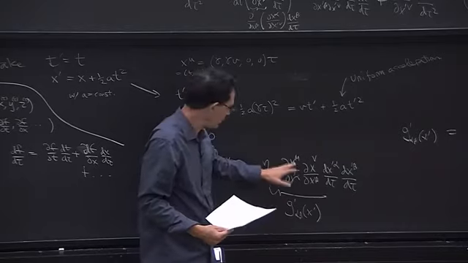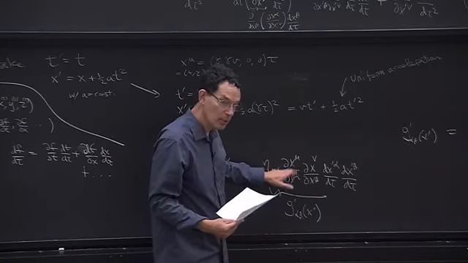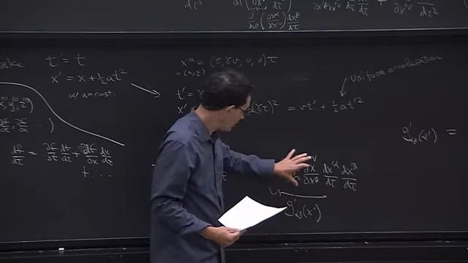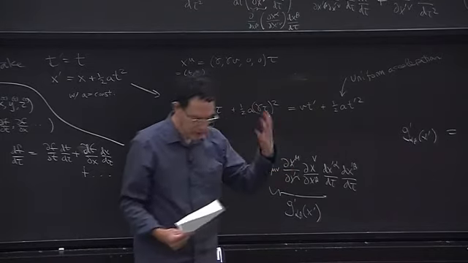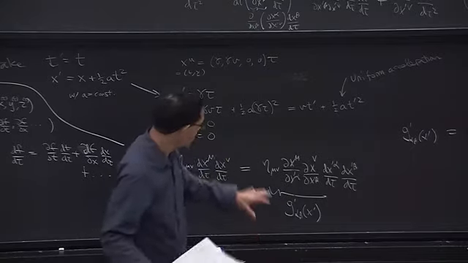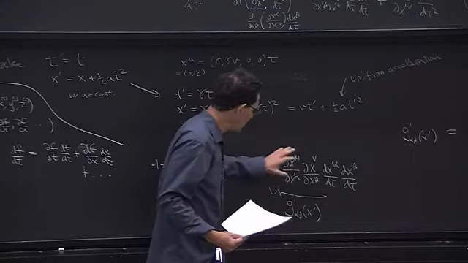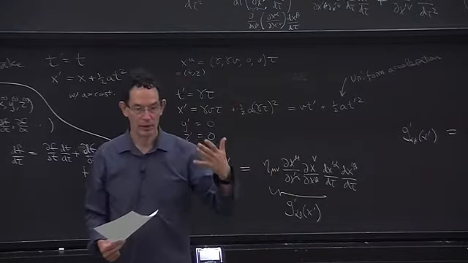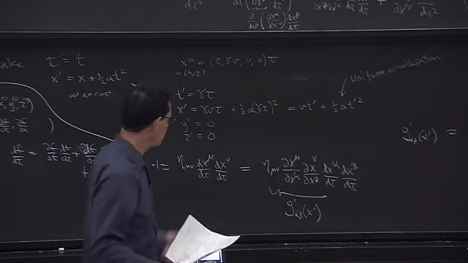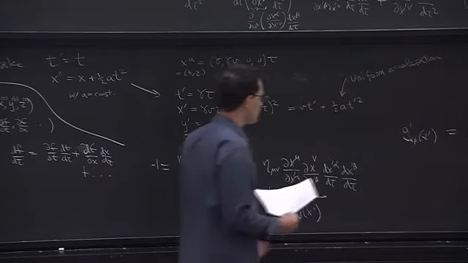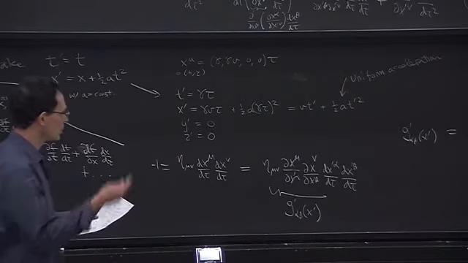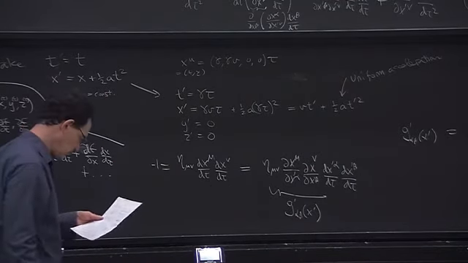If x of x prime or x prime of x are Lorentz transformations, this is eta. But if they're more general, then it's some matrix. And so this metric corresponds to uniform gravitational fields.